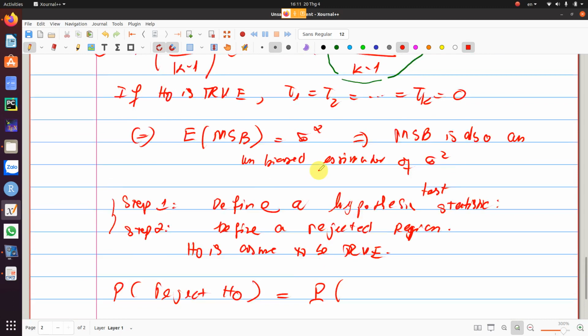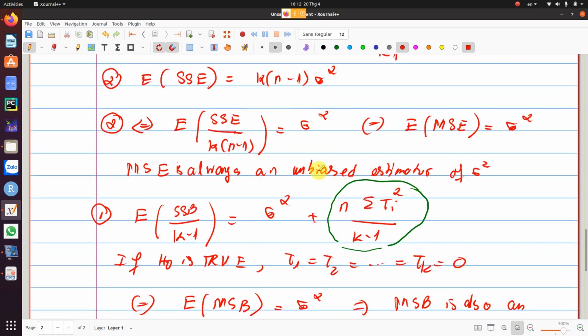Why? Here, look at this equation. If we reject H0, it means that there exists at least one tau i different from 0. If tau i is different from 0, it means that the constant term will be greater than 0, right? So if this term is very large, we have more confidence that many tau i are different from 0.